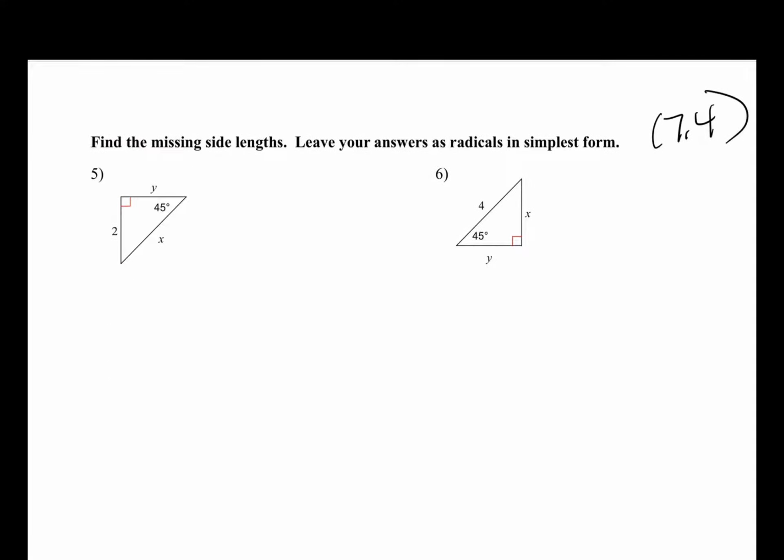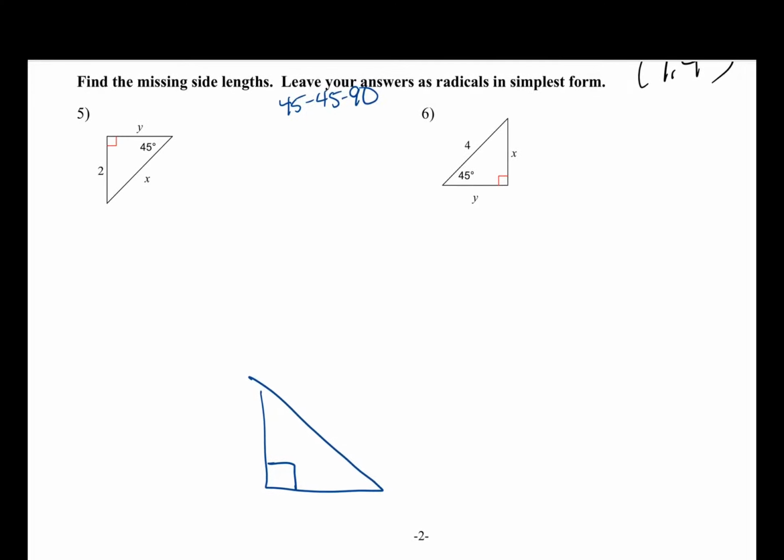7.4, we're talking about special right triangles. So first, I want to talk about 45-45-90. And I'm going to kind of draw your standard 45-45-90 down here. All 45-45-90 triangles look like this. The legs are congruent, and the hypotenuse is the square root of 2 times the leg. So you have two options.